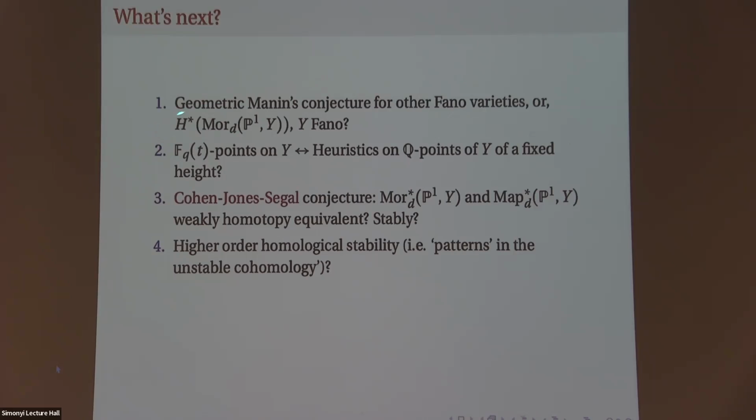The first one is well known, and I believe the third one is something that I have talked about earlier, and just to recall what it is, it's about comparing the space of algebraic maps with the space of continuous maps, and asking whether there is at least a weak homotopy equivalence, maybe stably. And lastly, the question of patterns in the unstable homology of these spaces.